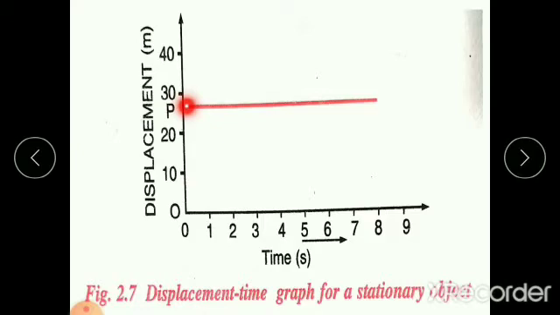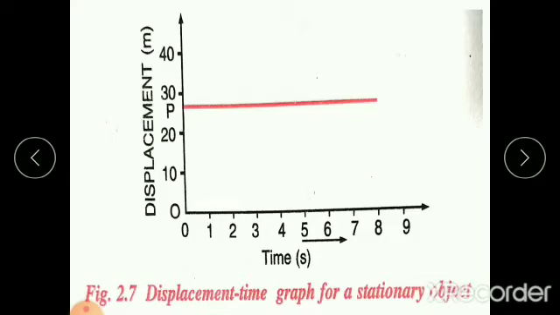OP is the distance of the body from the origin O and it remains the same at each instant. Even for 5 seconds, 8 seconds, the displacement is OP and it is a straight line. The displacement time graph for a stationary object is a straight line parallel to the time axis.